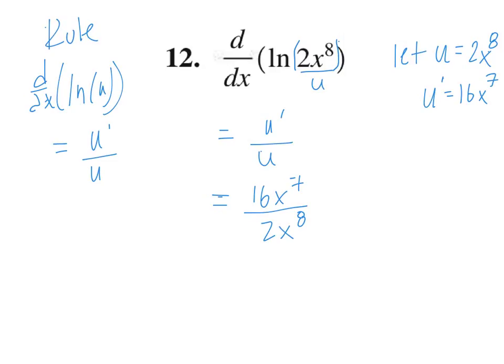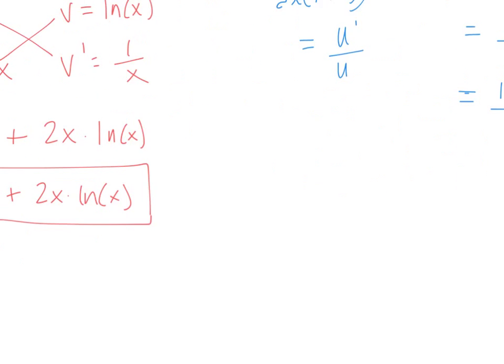You can leave it like that, but let's simplify it. If we simplify it, x to the 7th over x to the 8th gives us an x in our denominator, and in our numerator, 16 over 2 just gives us 8. So this is the derivative, 8 over x. So interesting stuff, interesting rules.